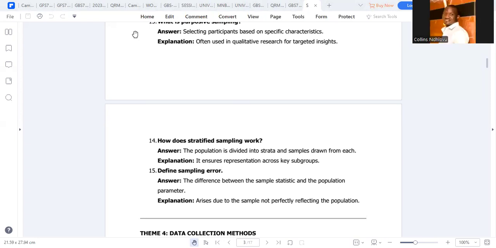And what's the difference between sampling error and sampling bias? I think the other one, the sampling one, is to do with incomplete and or inaccurate data collected. I'm not sure about the other one. One looks at the way the data is collected, and one looks at the actual data collected. All right.